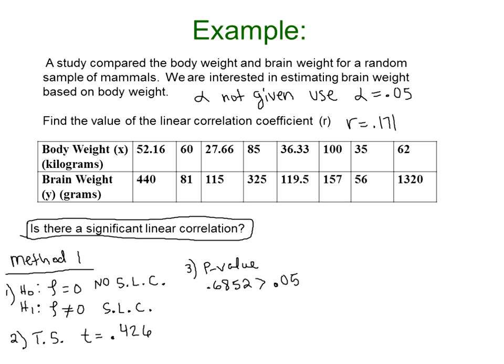So what are we doing to the null hypothesis? Okay, so we fail to reject, right? Our p-value is greater than alpha. Since our p-value is greater than alpha, we fail to reject the null hypothesis.